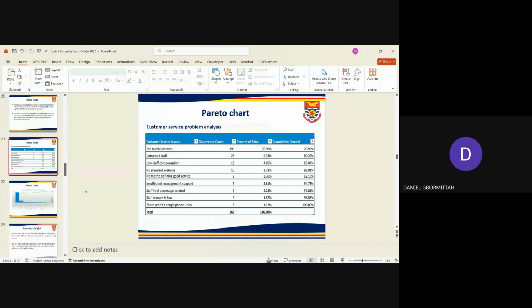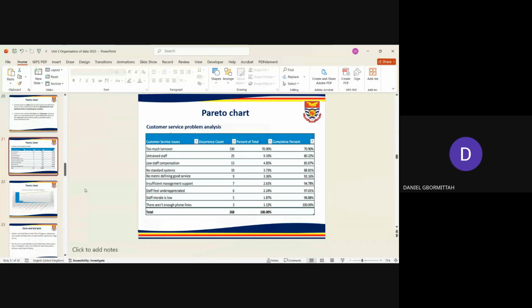So in the customer services, we have too much turnover. We have untrained staff. They have low staff compensation. These were the issues related to the customer services.